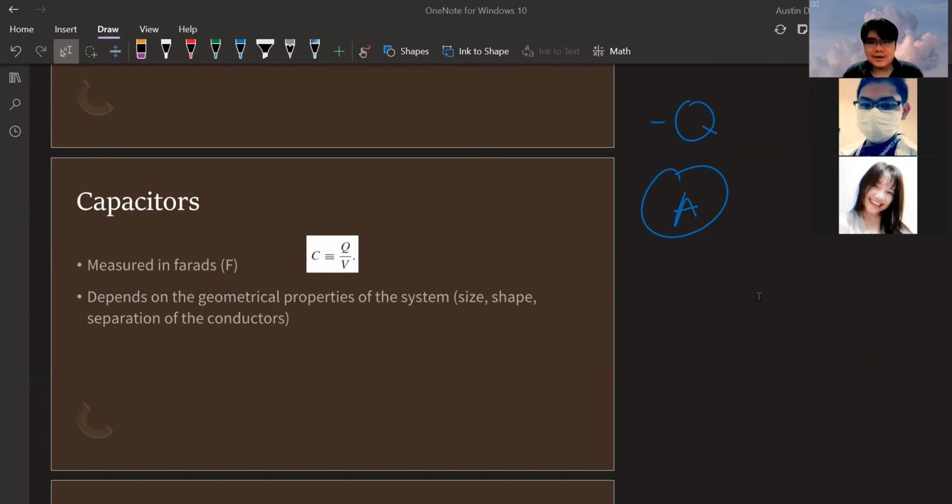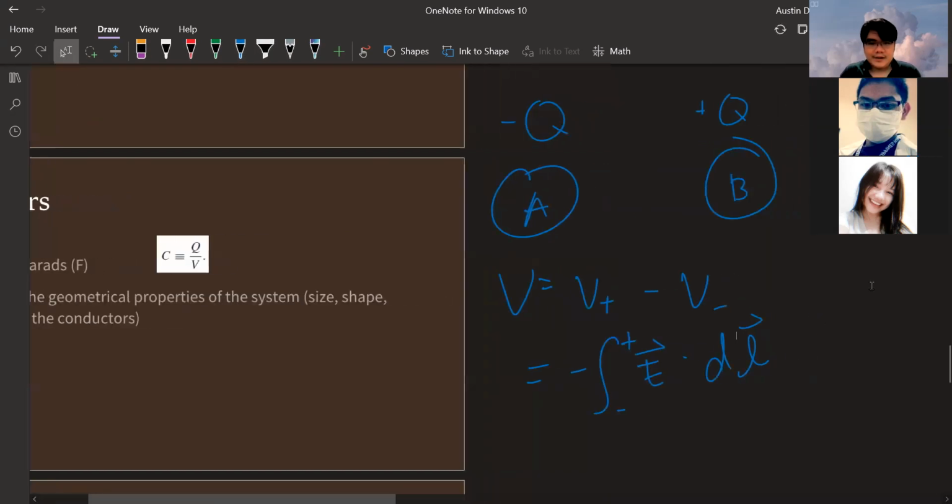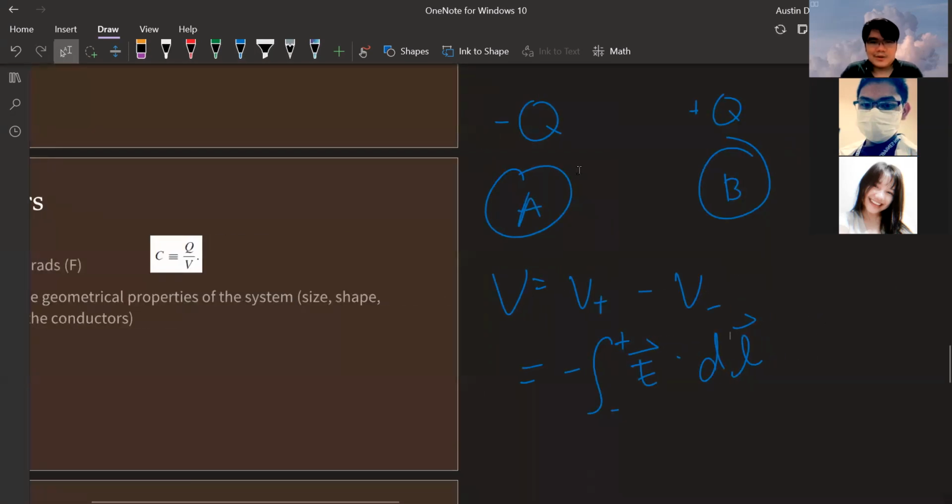So, i-define ko yung potential difference as V plus minus V minus. So, yung V plus manggagaling sa plus, and then V minus manggagaling sa this guy. Okay, so, again, V can be written as negative integral of E dot dL. Okay, so walang bagong thing dito. So, kunwari, may dalawang conductor, tapos may excess charge sila na Q at Q minus. Yung potential difference between those two conductors will just be this guy. Okay?